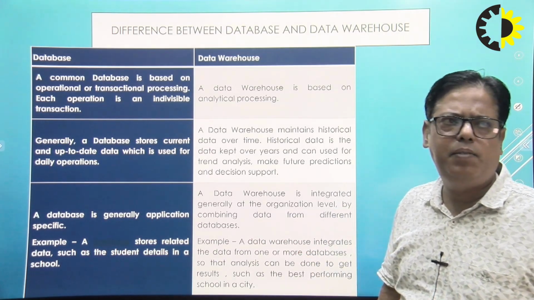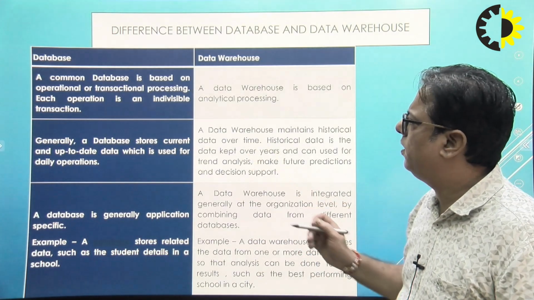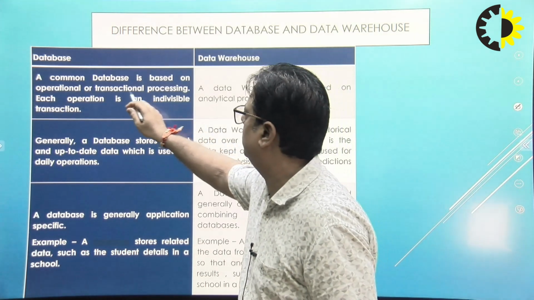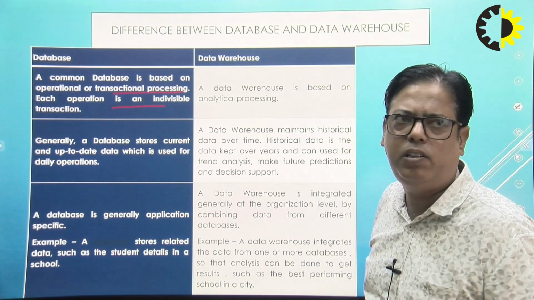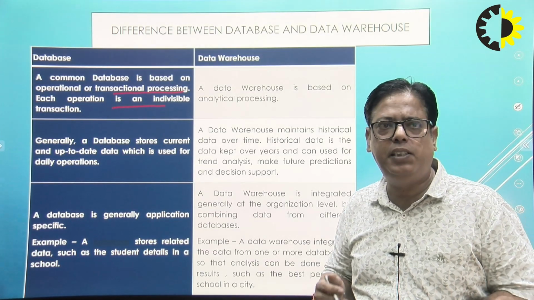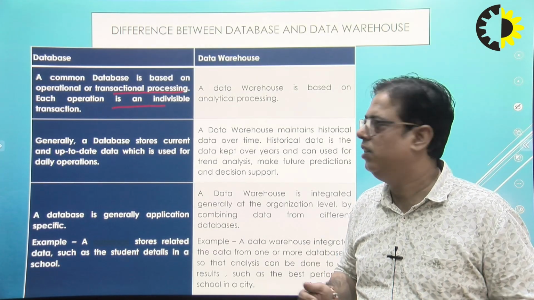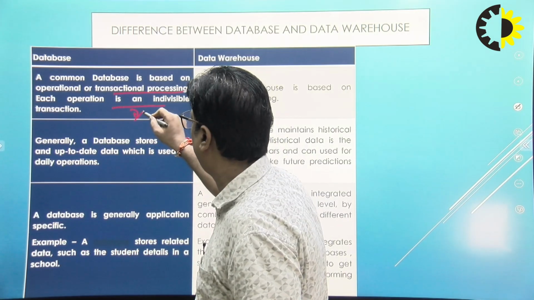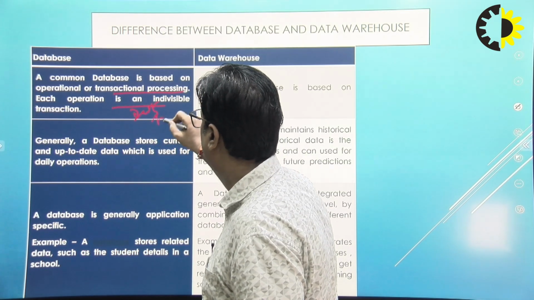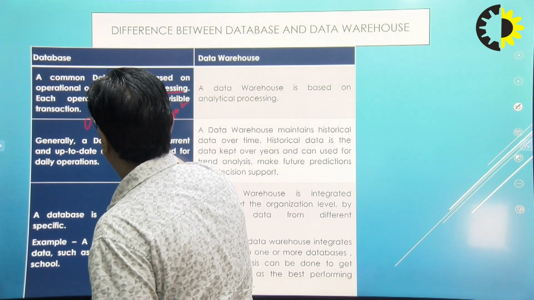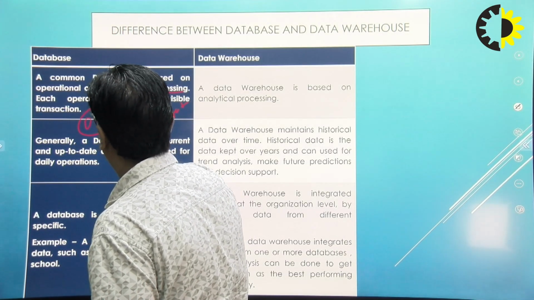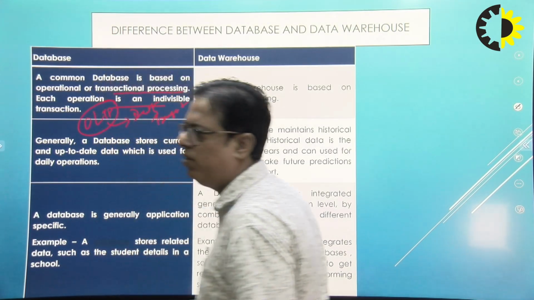Now, this is the basic difference between a database management system and a data warehouse. A common database is based on operational or transactional processes. Each operation is an individual transaction. A data warehouse is based on analytical processing. A database works on daily transactions, and OLTP is a tool to find the daily transactions and retrieve the data.